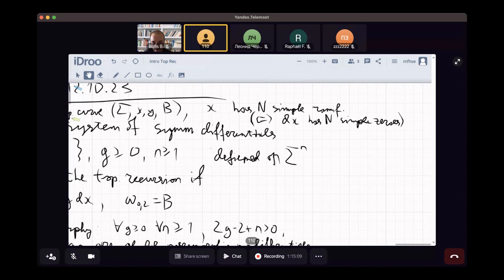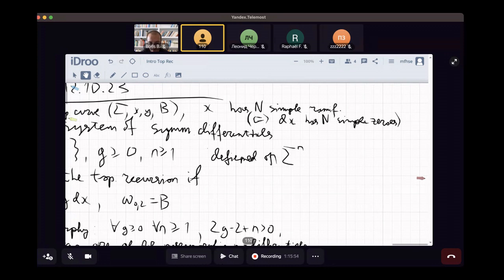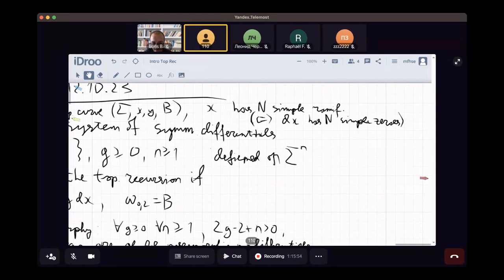But it turned out that this recursion does not always behave nicely with respect to taking limits on spectral curves. There is another definition, which is better. Sometimes it coincides with Bouchard-Eynard, sometimes not, and it always behaves nicely with respect to taking limits. But we will discuss it if we have time at the end of the course. For now, we assume that the zeros are always simple.